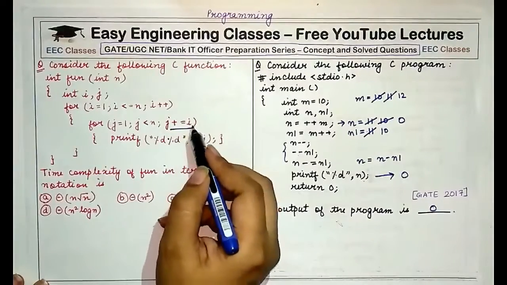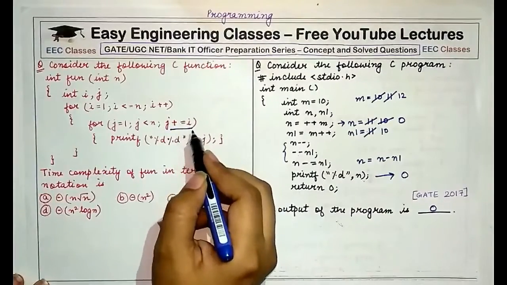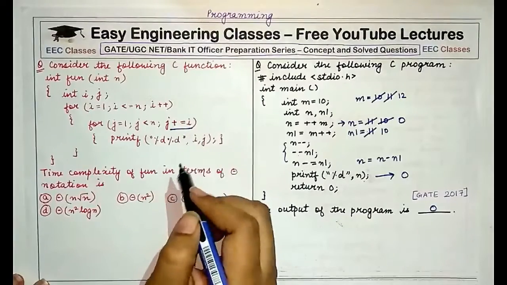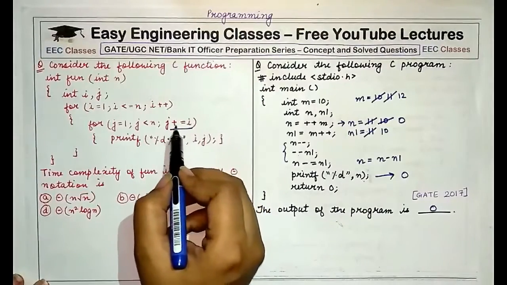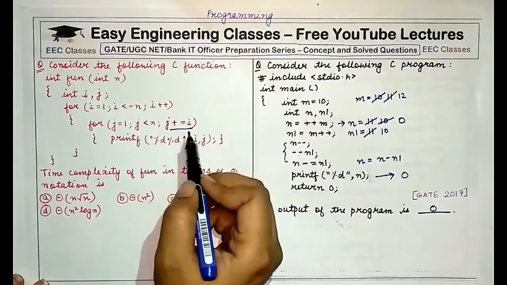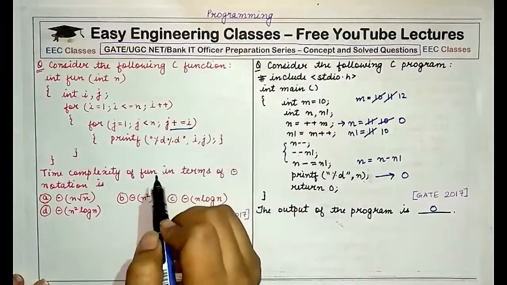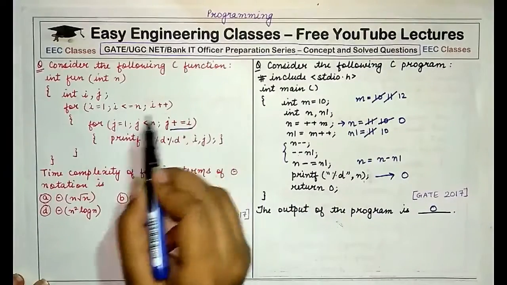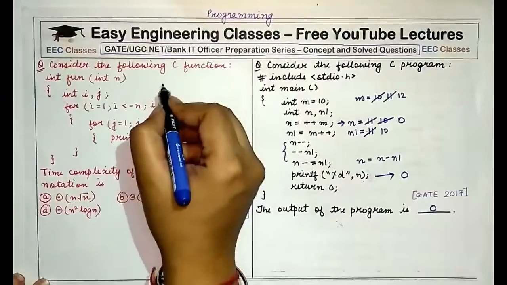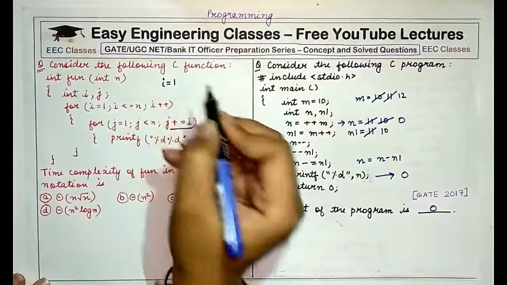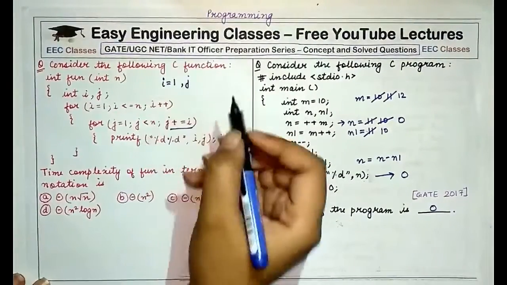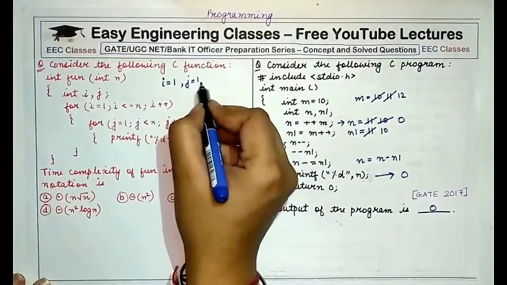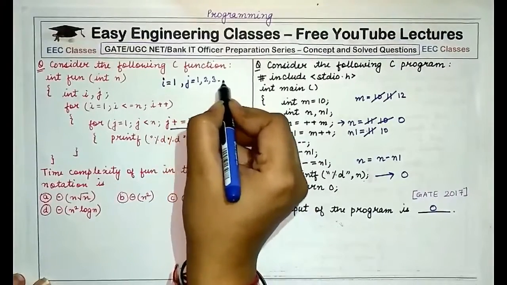Now this is the most important statement in this question, because it is not j plus plus. It is not increasing by the same amount every time. It is increasing by the amount i. So when i is equal to 1, the value of j would vary from j equal to 1, 2, 3 and so on.